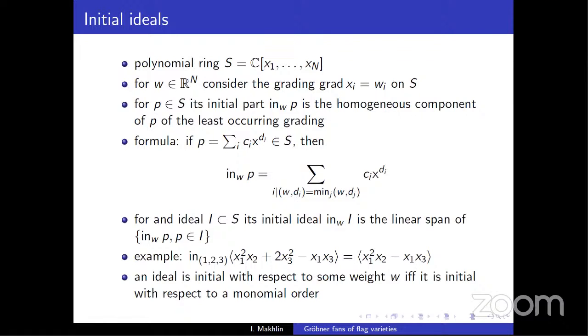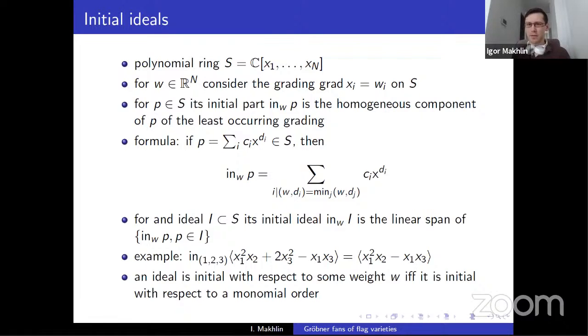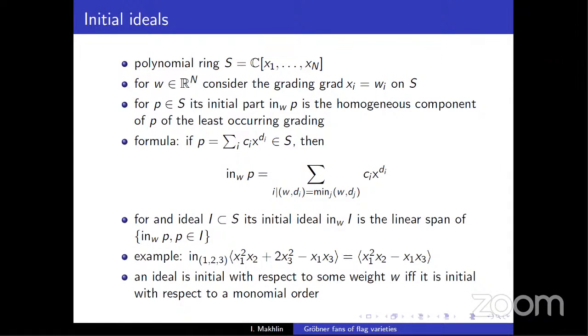No, in one variable, as I said, there is, yes, grading. For one variable, we will have one real number w. If the number is positive, we will have the monomial with the least power. If it is negative, we'll have the monomial with the largest power, according to this definition.